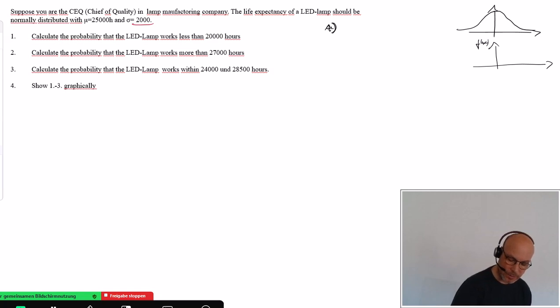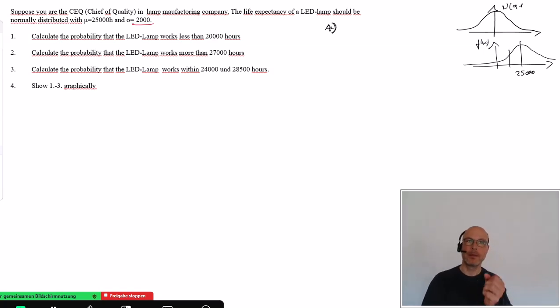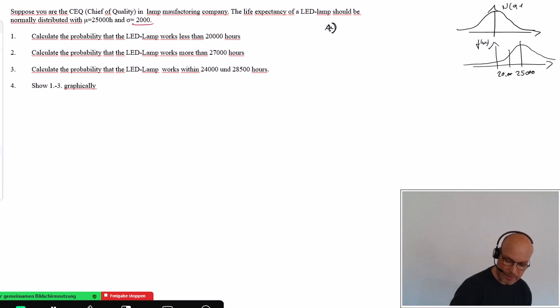This is 25,000, and now we want only the probability mass until 20,000. So what we need is just this area here.